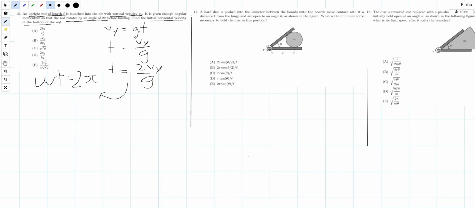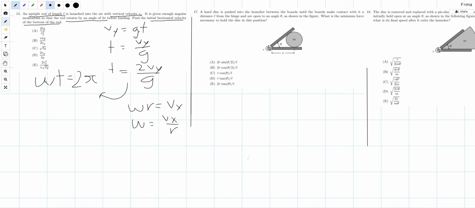Using the bridge equation, we can write that the angular velocity times r would be our vx, the horizontal component of velocity. So we can write omega is equal to vx by r.